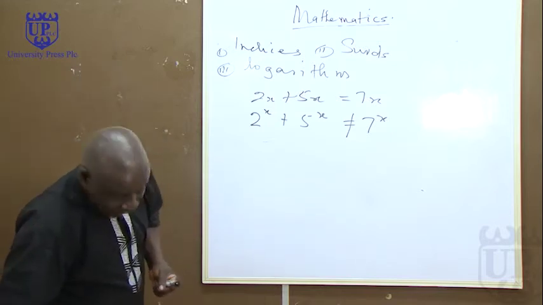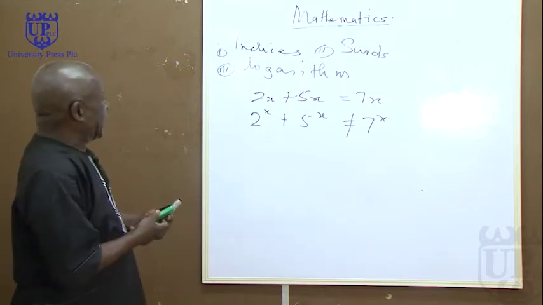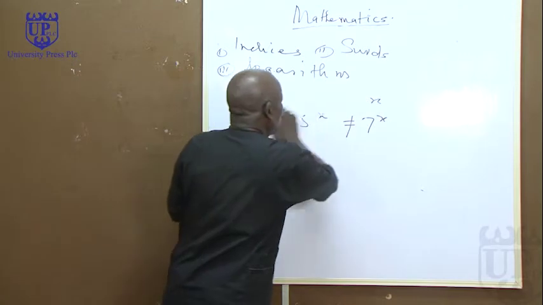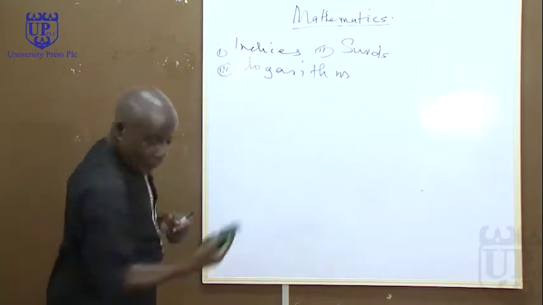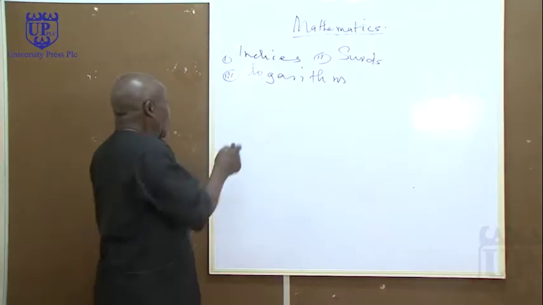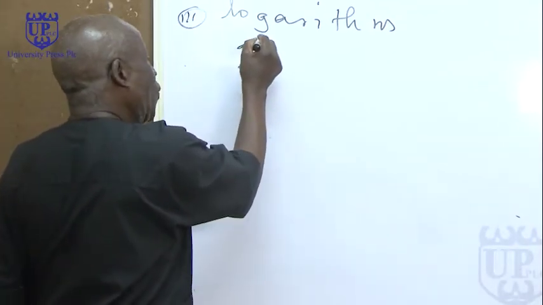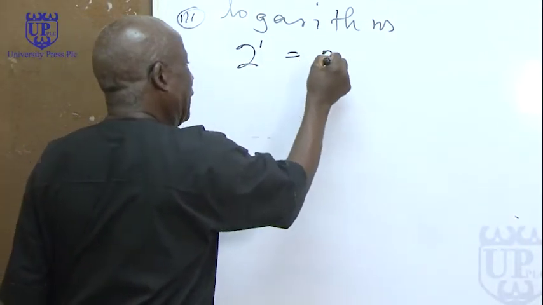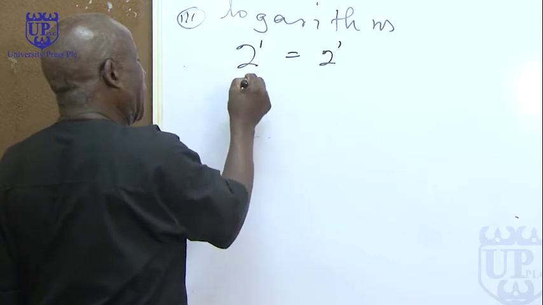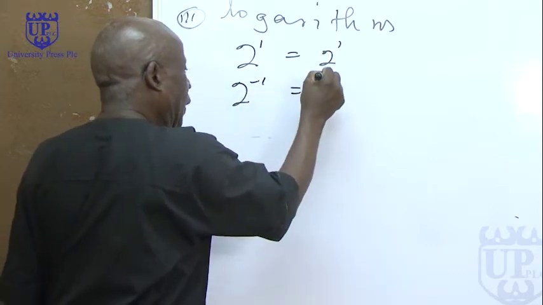Now, the rules on indices. I want you to look at the following. The first thing, when I write 2 raised to power 1, this is 2. When I write 2 raised to power minus 1, take note, this is 1 over 2.